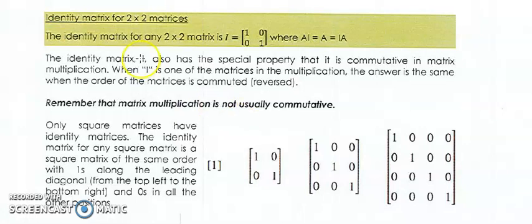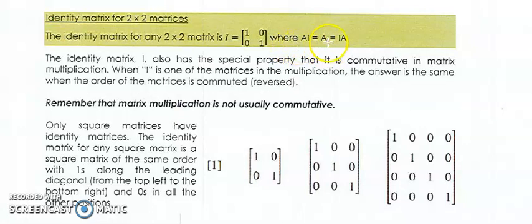So, the identity matrix for 2 by 2 matrices is 1, 0, 0, 1. In this case, AI and IA, when you multiply that matrix with the identity matrix, you'll end up back at A. So this is what this line means.